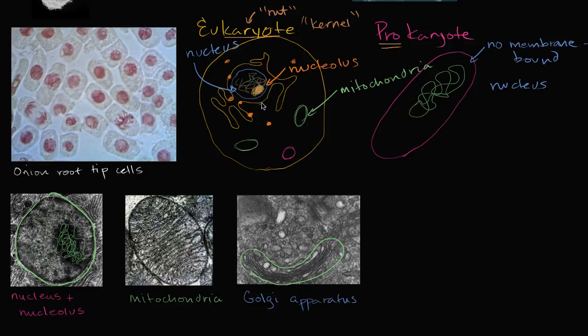So the key distinction, eukaryotic cell, you have a membrane-bound nucleus. You have other membrane-bound structures like mitochondria. In fact, there's some theories that mitochondria first evolved as prokaryotic organisms that eventually lived in symbiosis inside of a larger eukaryotic cell. And then the other distinction is that in eukaryotes, the DNA tends to be in multiple strands.